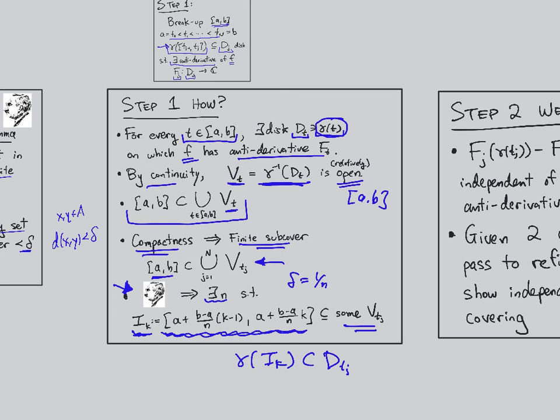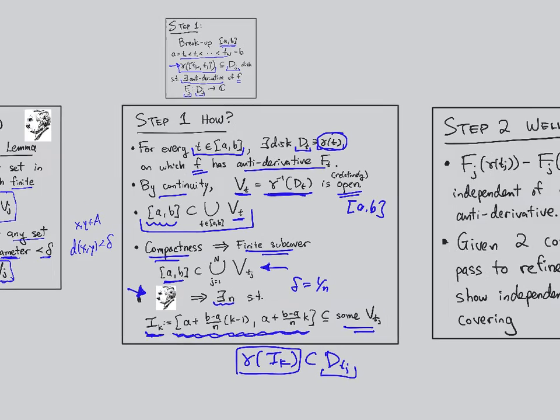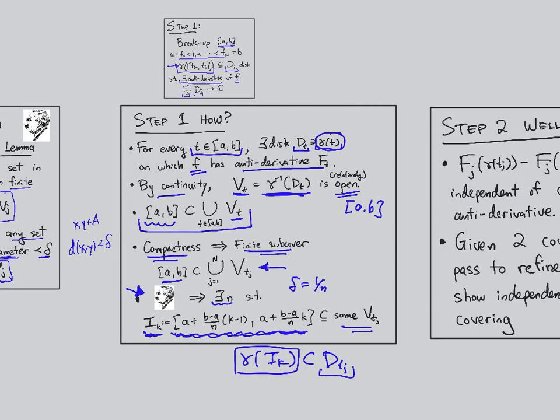And so this gives a way of evenly subdividing AB so that gamma restricted to these pieces will sit inside one of these disks on which we have an antiderivative. So the Lebesgue number lemma is a technical tool that makes lots of hand-wavy arguments rigorous in this subject.